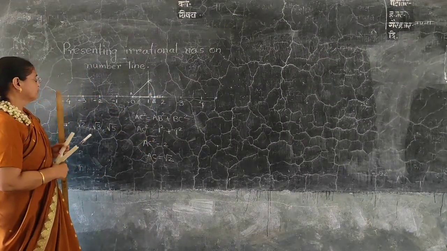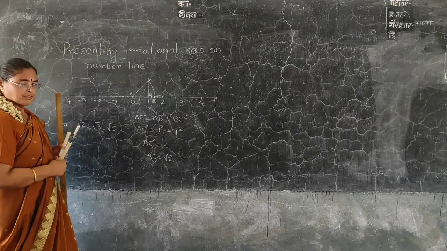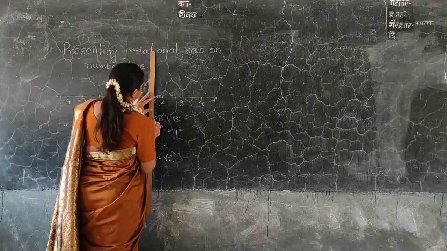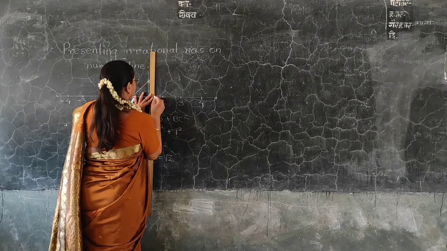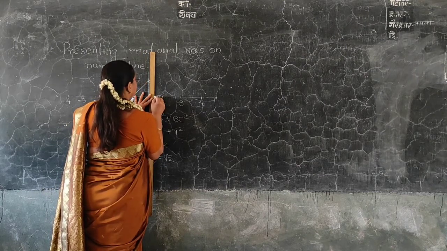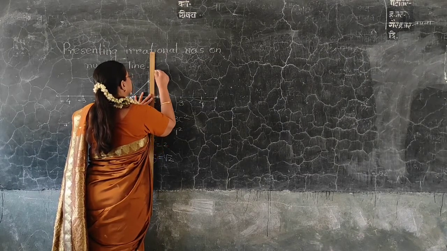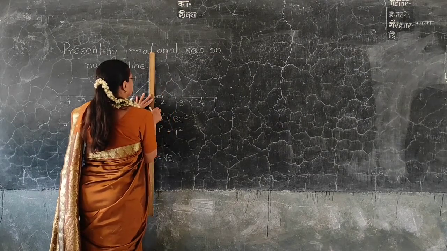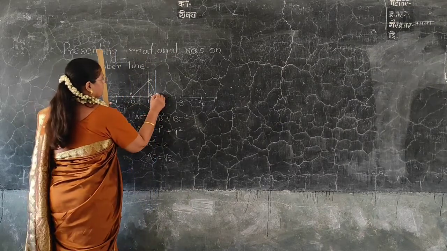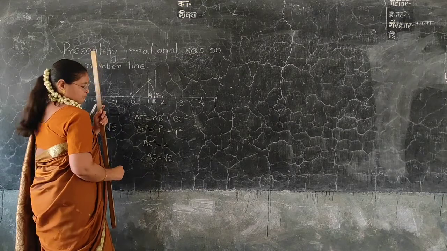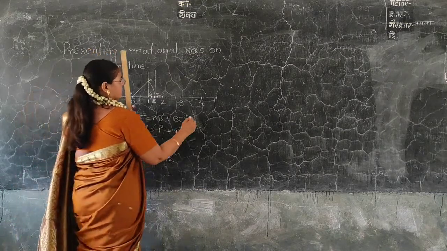Similarly, if we want to find the root 3 position, then again construct a perpendicular here, perpendicular line. Now if you take point D here, this distance AD is root 2, just as we have taken.